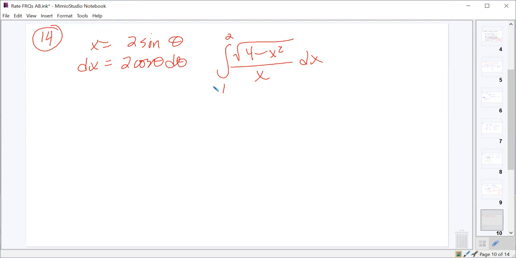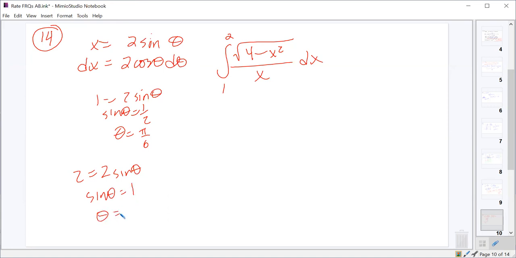And if x is 1, then we have 1 equals 2 sine theta, which tells us that sine theta equals 1/2, or theta would be pi over 6 for the lower limit. And if x is 2, 2 equals 2 sine theta means that sine theta equals 1. So theta would be pi over 2 for the upper limit.